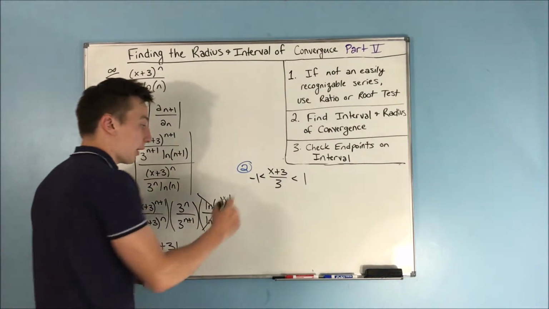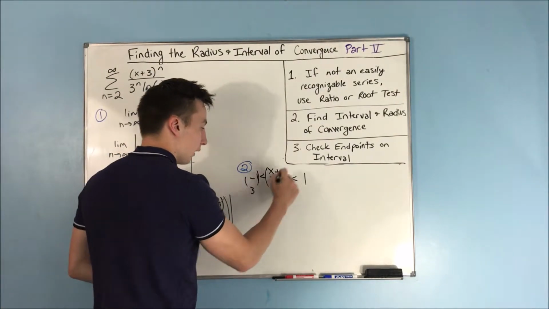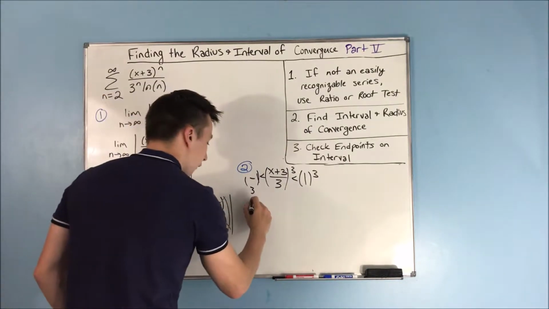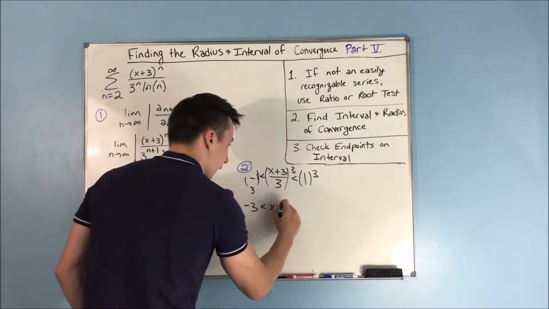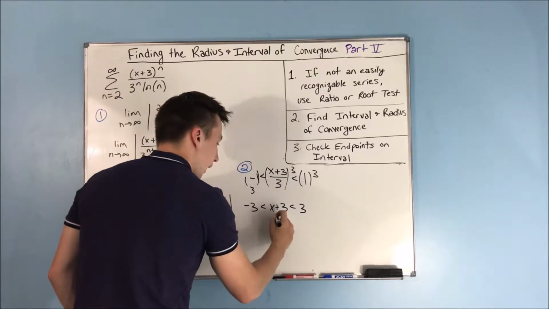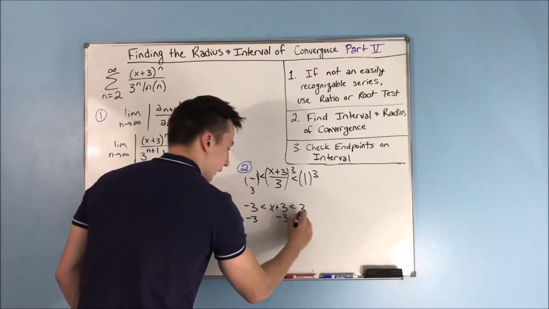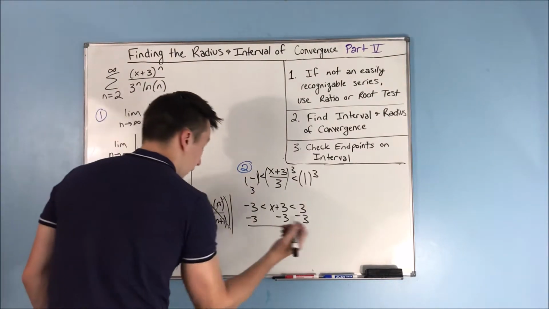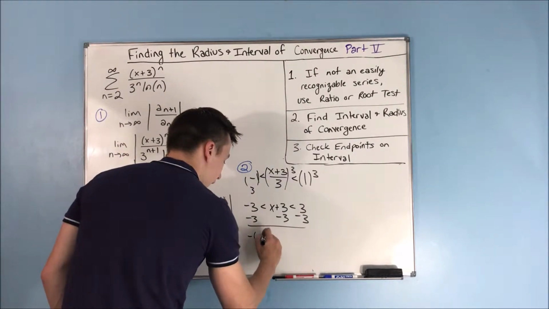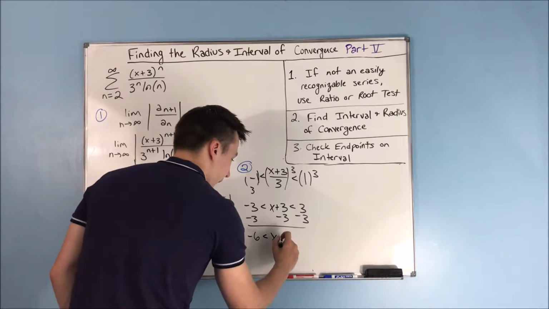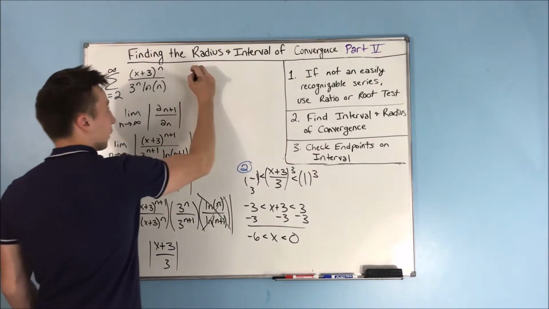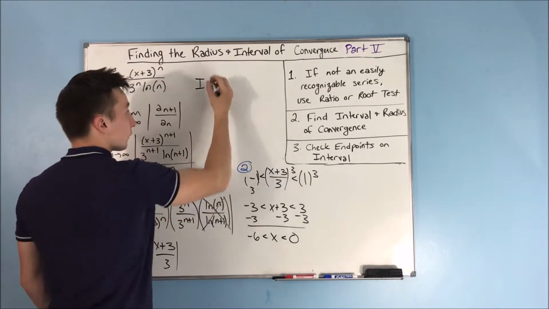So we're going to multiply by 3 on every side here to get negative 3 is less than x plus 3 is less than 3, and we're going to subtract 3 on every side here to get our starting interval of convergence, which is from negative 6 to 0. Okay, so that's our starting interval of convergence.